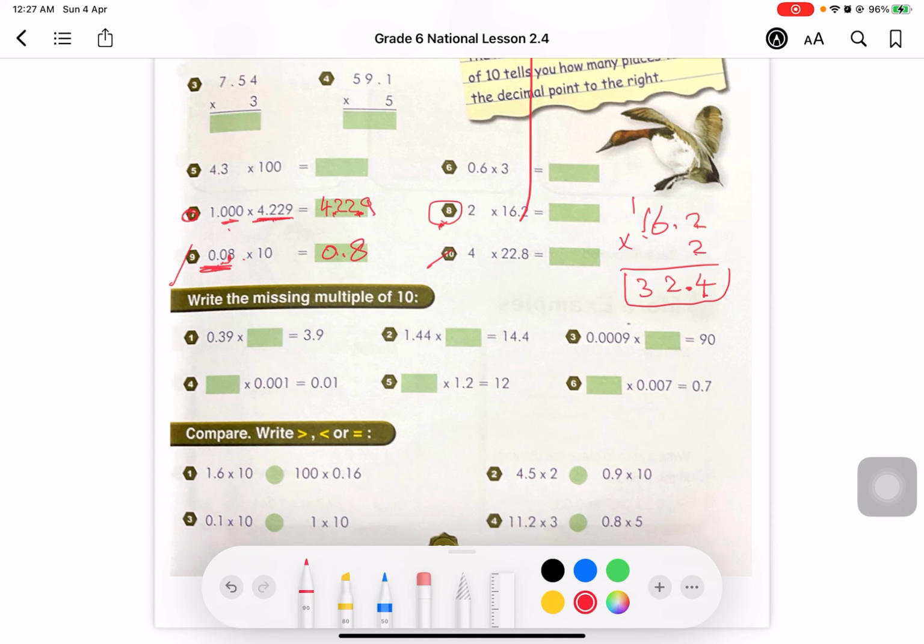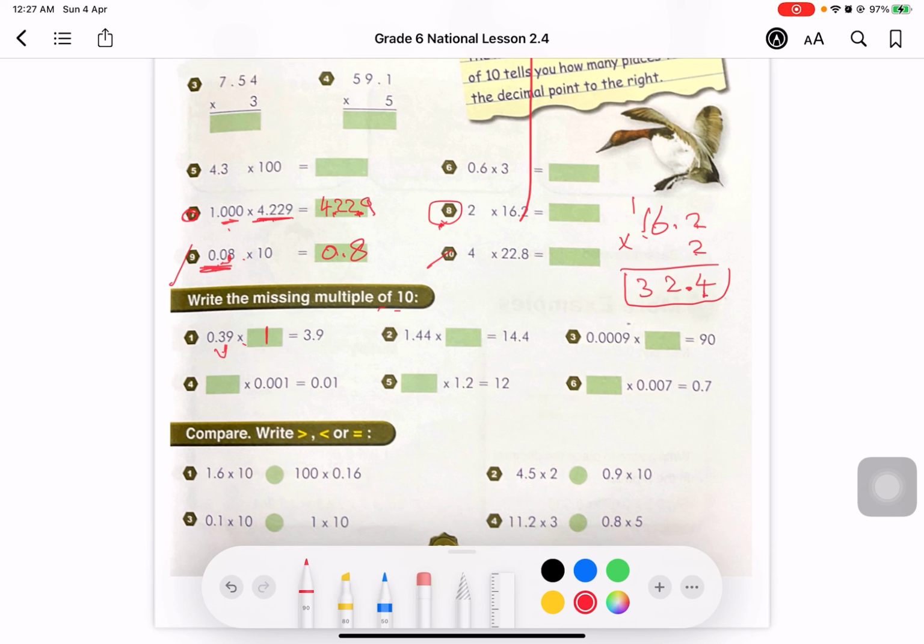We are going to solve what part now? Write the missing power of 10. You have a number, you multiply it with a power of 10. The answer is 3.9. How are you going to multiply by 10, by 100, by 1,000? If you multiply this by 10, you move your decimal from this place until between the 3 and 9. Yes, it's correct.